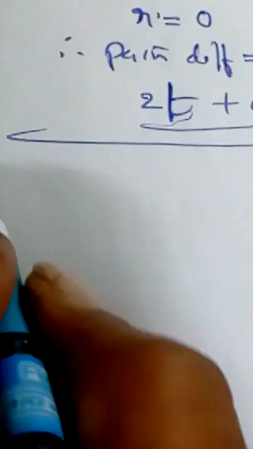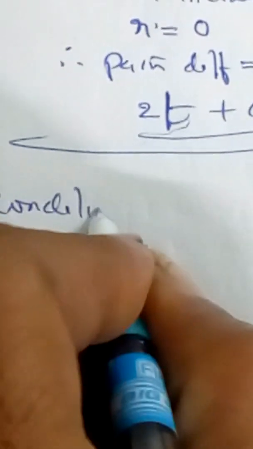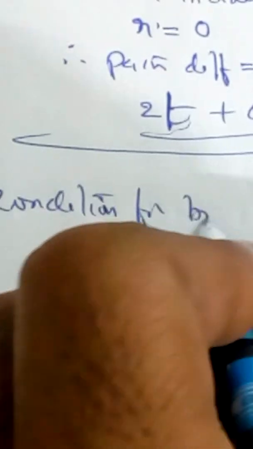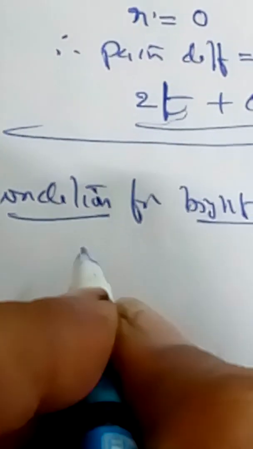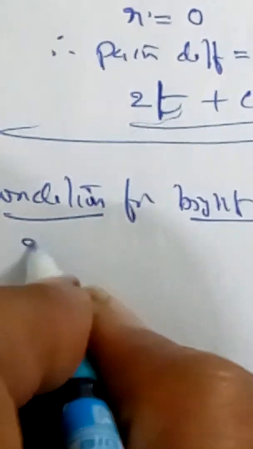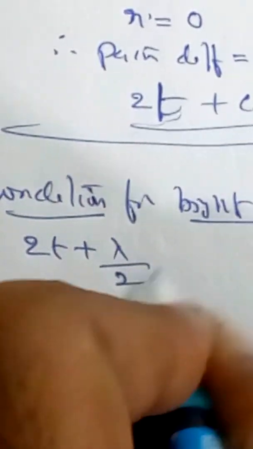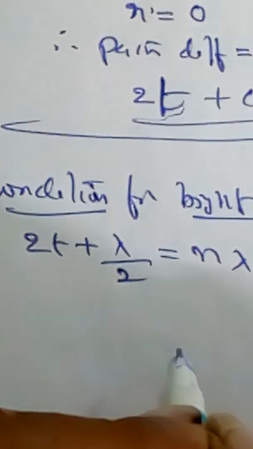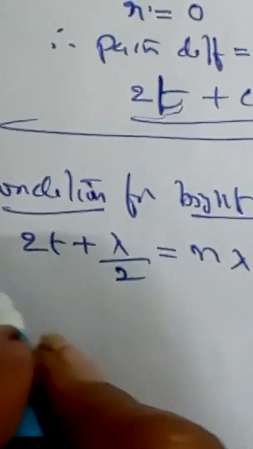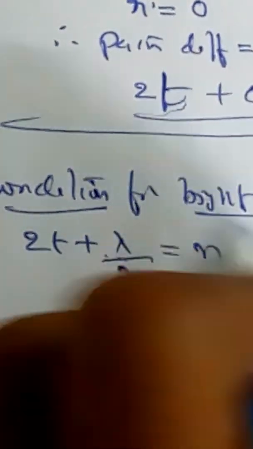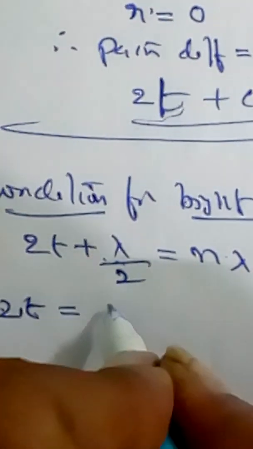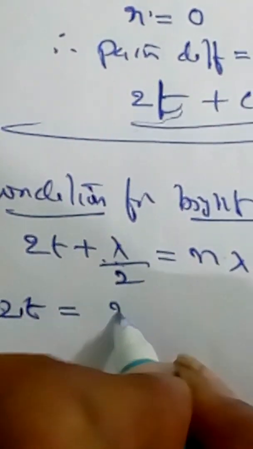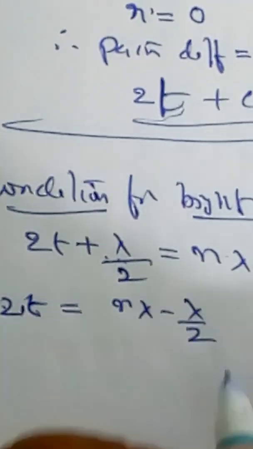That means, let us look at the condition then. So what is the condition? Condition for bright image or bright spot is 2t plus lambda by 2 is equal to n lambda. So send lambda by 2 to the right of this term. So this becomes 2t is equal to n lambda minus lambda by 2.